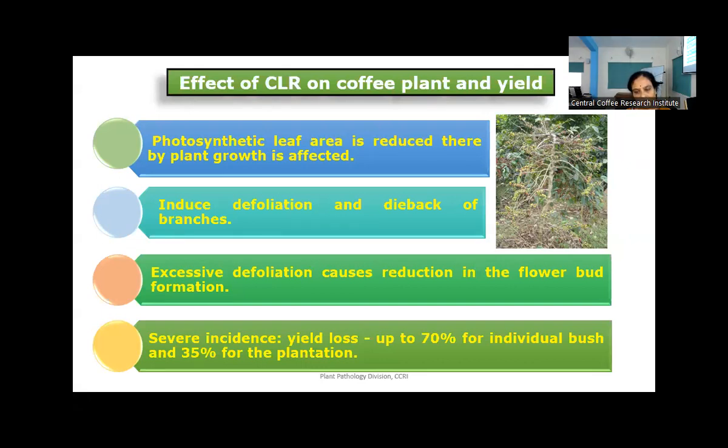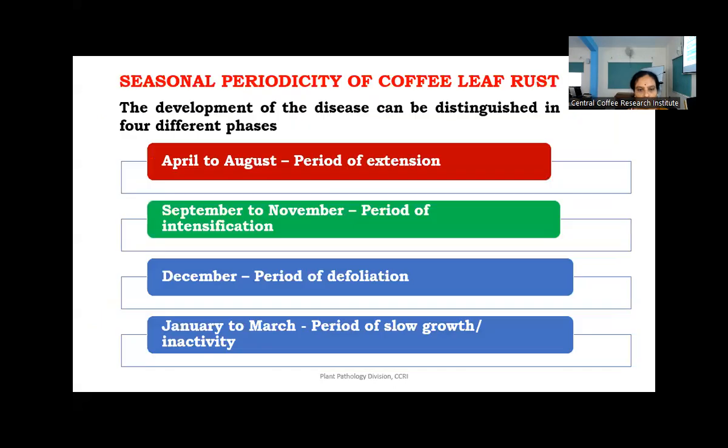So finally, whatever berries we get on the plant are empty, or what we call floats. In severe incidences on an individual plant, yield loss will be up to 70%, but 30 to 35% on an entire plantation.